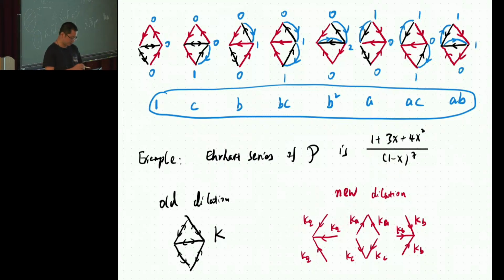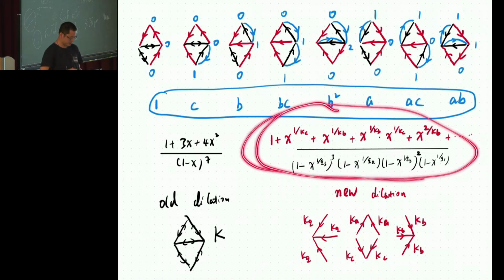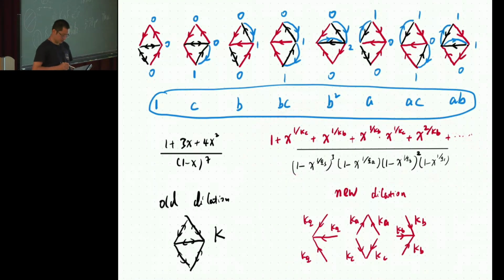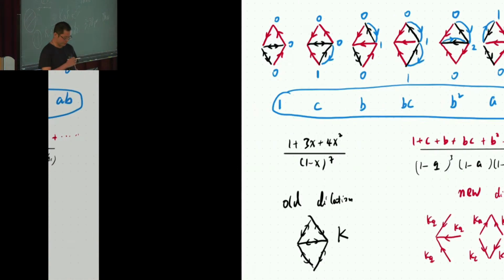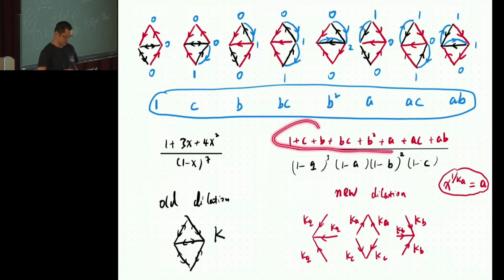If I dilate the polytope in this way, I will get a series like this. This looks awkward, but by a variable substitution, I will get a series like this. Then you compare, and you will see that the numerator is exactly the sum of these monomials. That's how we find these reduced divisors in this Lorentz polytope.